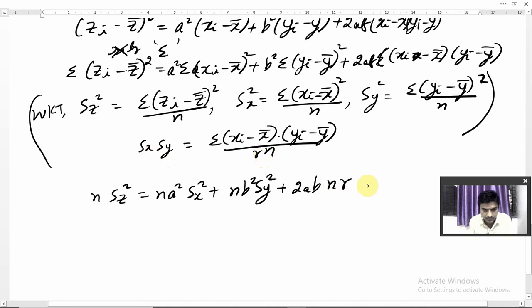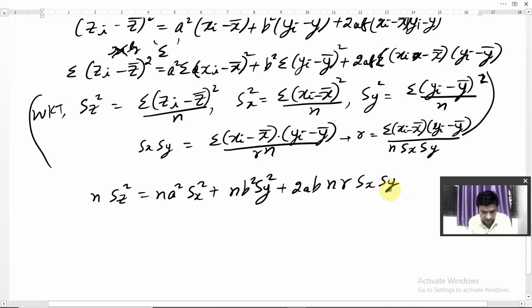So here we get n r, or if you take it on this side, you may take the formula like this: summation (xi minus x bar) into (yi minus y bar) divided by n into sx sy. This formula I already studied, I have just interchanged the role and you will get here sx and sy.